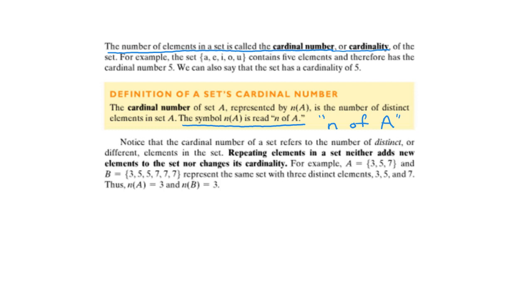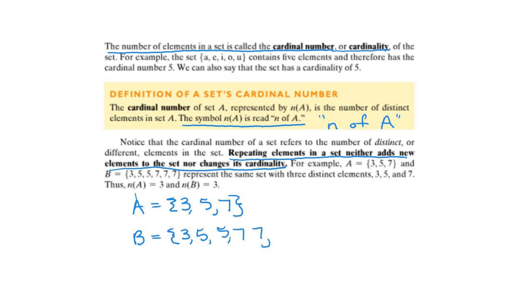It says repeating elements in a set neither adds new elements to the set, nor does it change its cardinality. So they gave you an example down here. Set A contains 3, 5, 7. Set B contains 3, 5, 5, 7, 7, 7. If we're asking for the cardinality of A, N of A, they're asking how many elements are in the set.